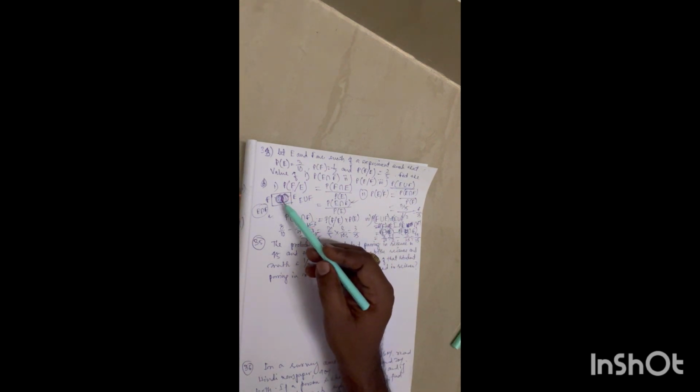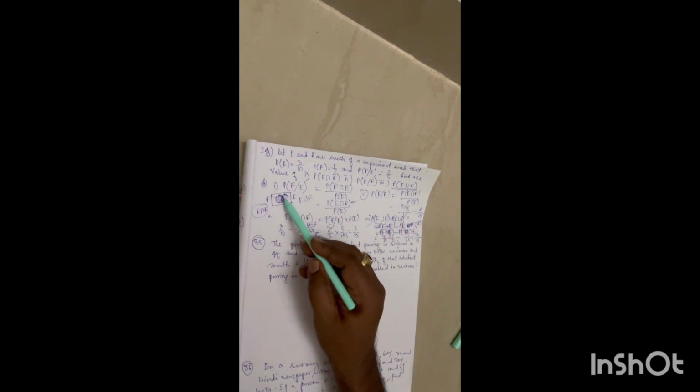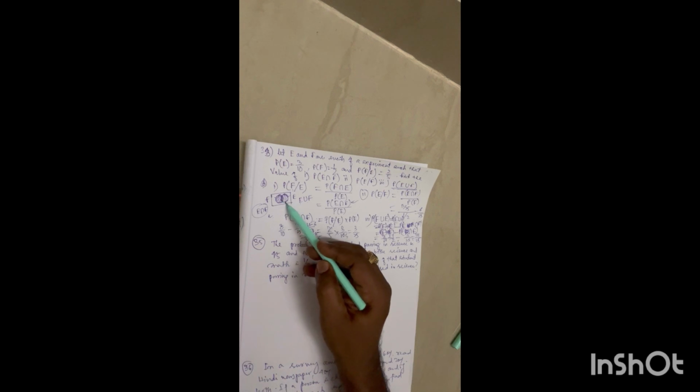So this will be the result for the last part, where you need to get the probability of E ∪ F. Union means not the complete one: the remaining part except the intersection, plus one part of the intersection. That can also be achieved by adding both together minus one intersection. Understood? You can understand the logic easily.